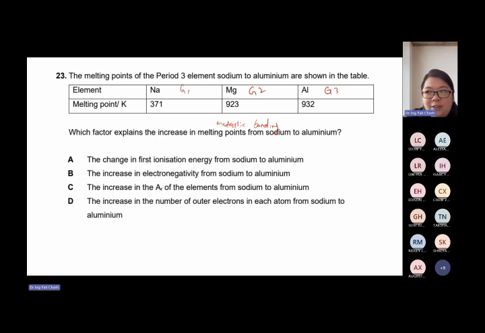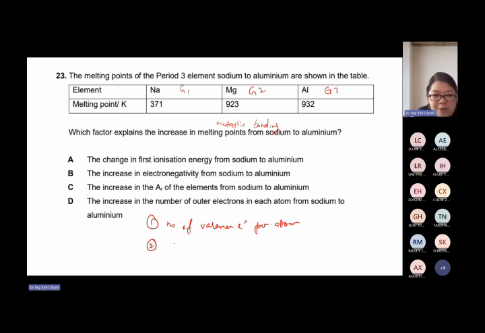One is the number of valence electrons that each atom can contribute to the sea of delocalized electrons per atom. Number of valence electrons per atom. That's factor number one.